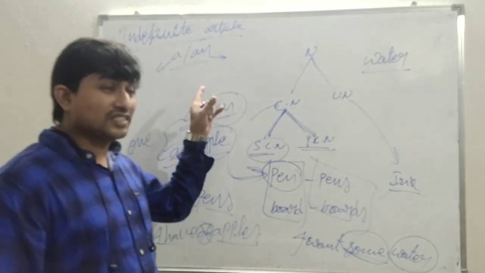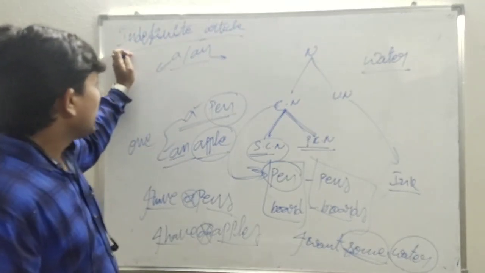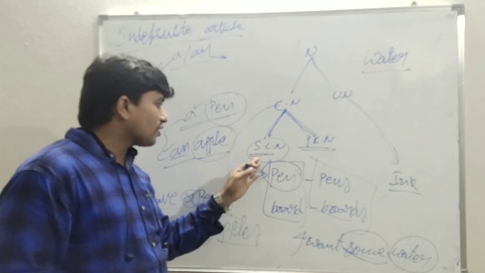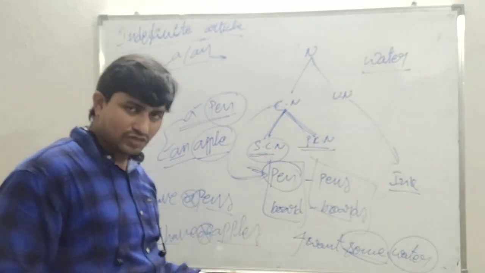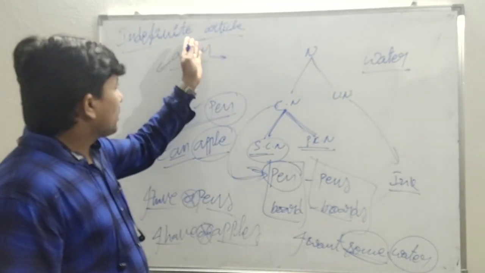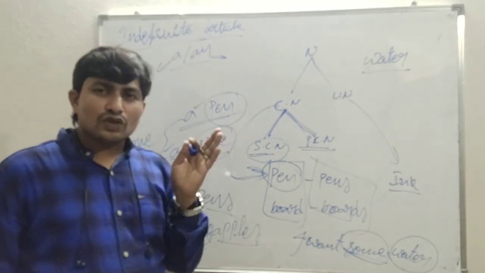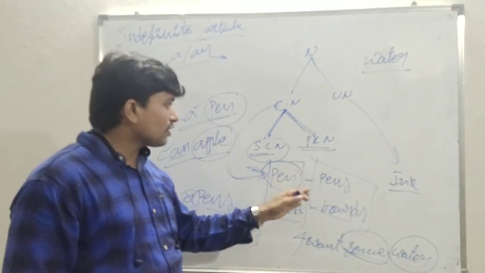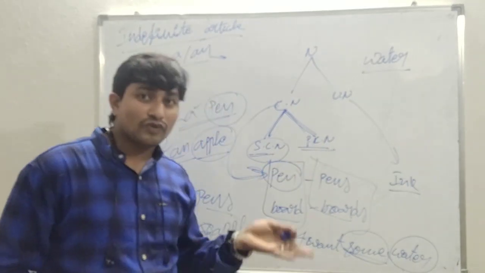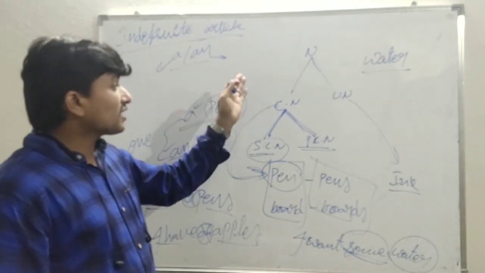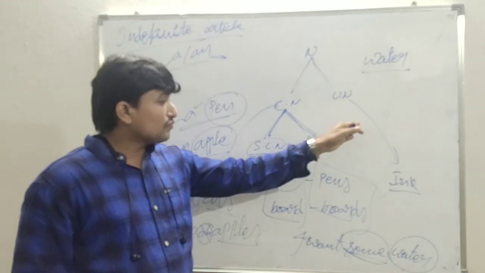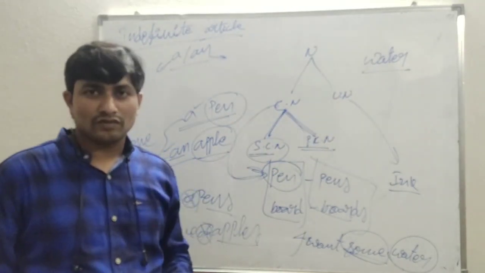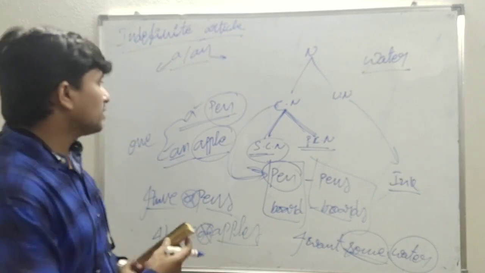But what did we discuss here? We have learned the indefinite article must be placed in front of singular countable nouns. The indefinite article is not supposed to be placed in front of plural countable nouns, whereas the indefinite article cannot be used in front of uncountable nouns also. Okay. So what is the rule here?